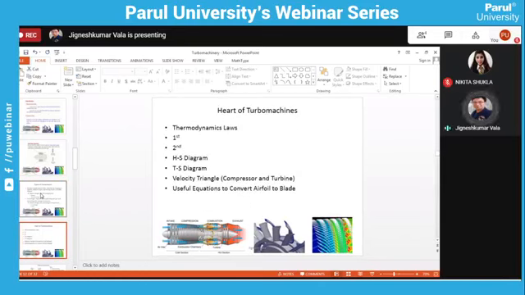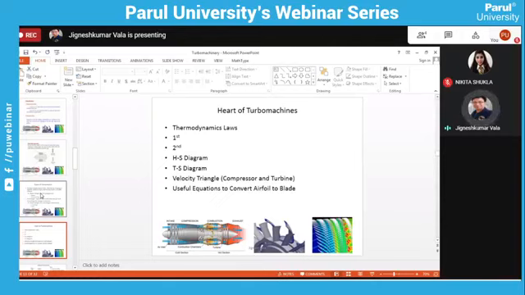In turbomachinery, thermodynamics is a very important part: the HS diagram, the enthalpy-entropy diagram, the TS diagram, the velocity triangle, the compressor part as well as the turbine part, and the very useful equations that convert the blade from the airfoil, right?